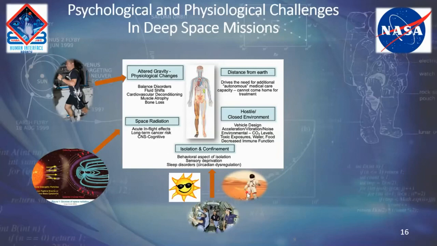We've done studies, about 1-year isolation studies with astronauts and even on space station, but we still don't know what's going to happen to the astronaut when they see Earth very small and they know they cannot go home.